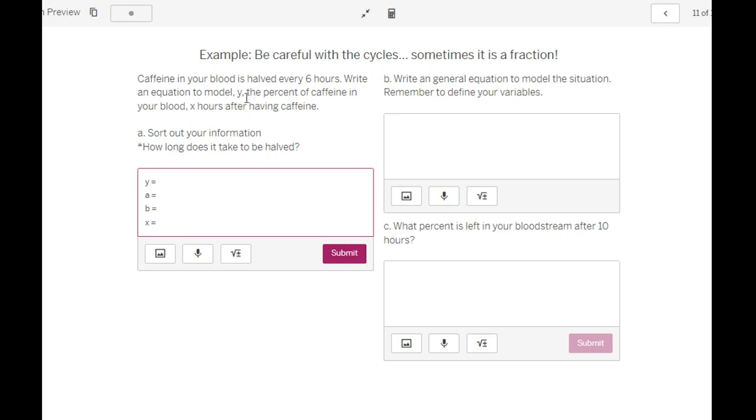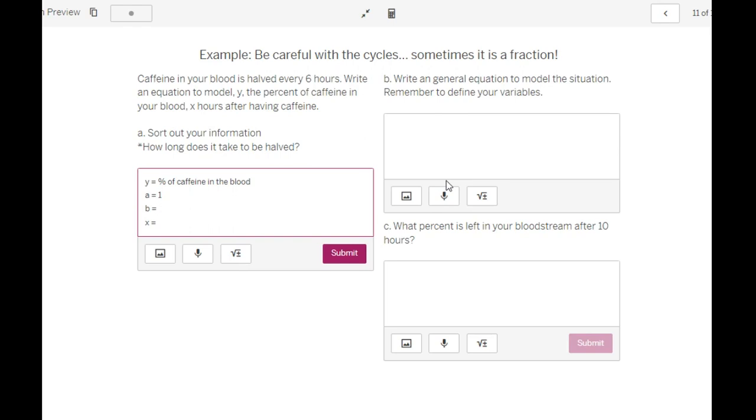Now, we know that y is representing the percent of caffeine in your blood. A is the original amount. Now, this one, like the example with the blue jeans, there is no number that we're starting with. So, for us to represent 100%, I'm going to use the number 1.